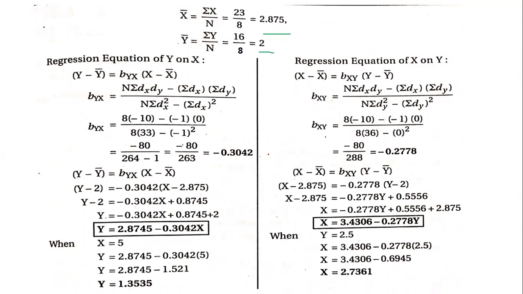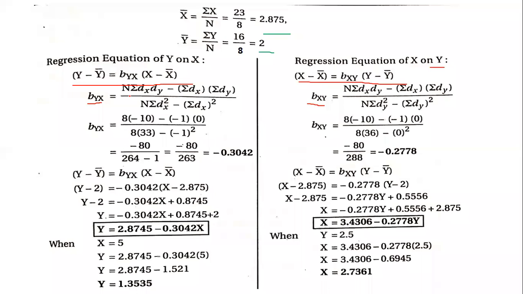Okay. Now, coming to the regression equation. So for this same problem, they have asked us to formulate both the regression equations, y on x and x on y. Here again, since it is assumed mean, the regression coefficients you have to find out. That is nothing but byx and bxy.